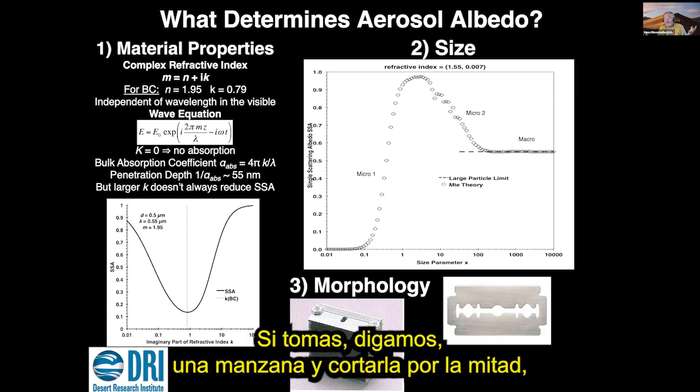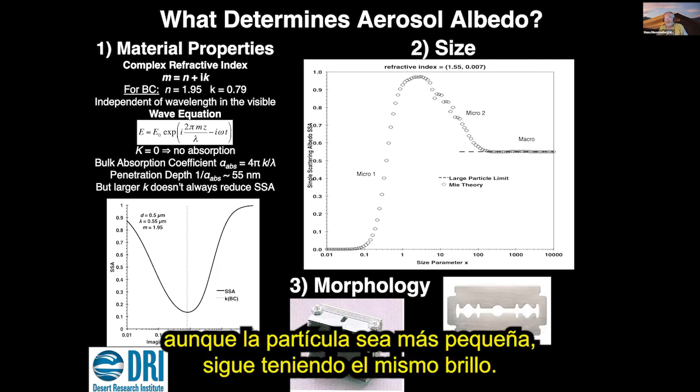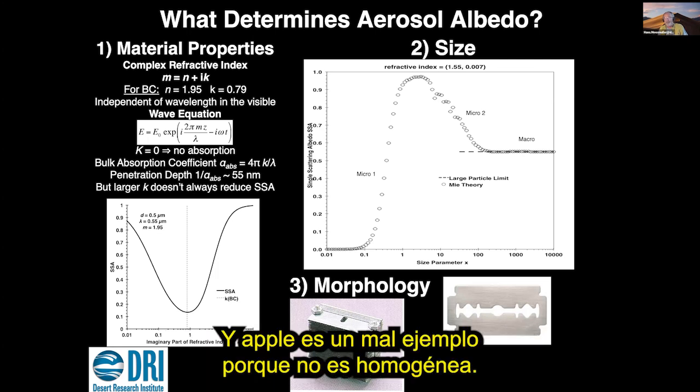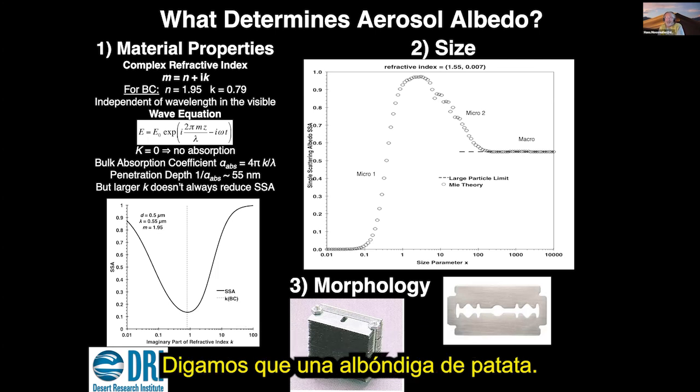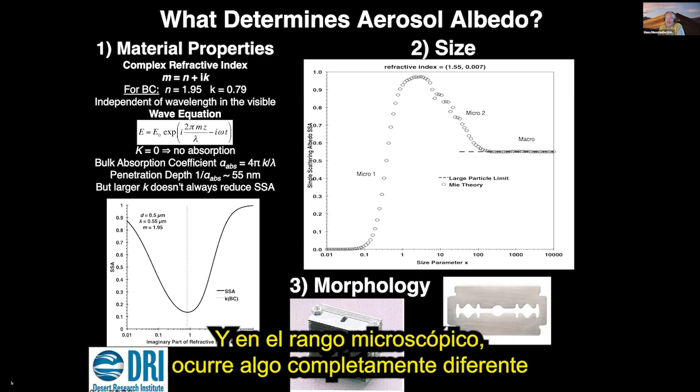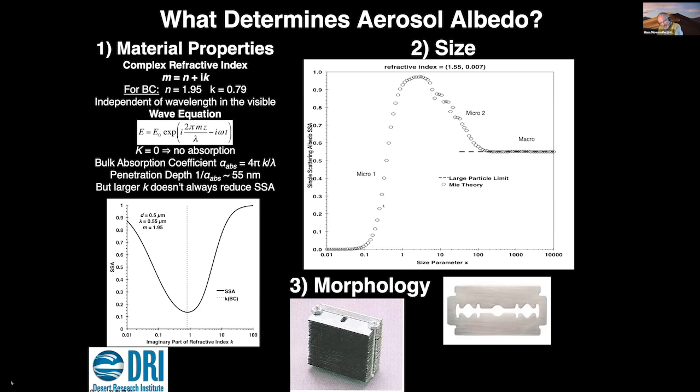If you take, let's say, an apple and cut it into half, even if the particle is smaller, it still has the same brightness. Well, an apple is a bad example because it's not homogeneous. Let's say a potato dumpling. So this is our everyday experience, and in the microscopic range, something completely different happens.